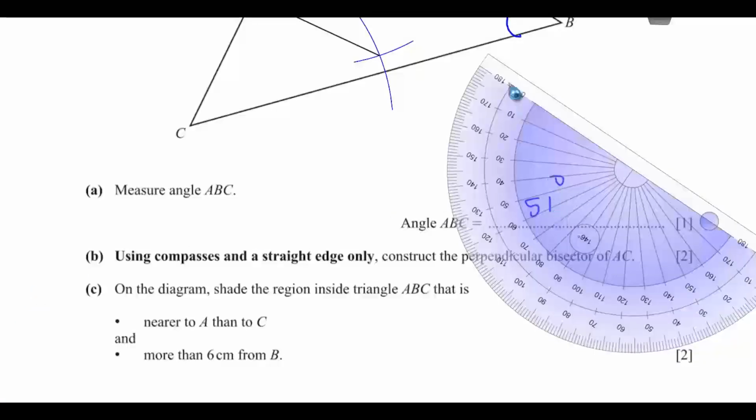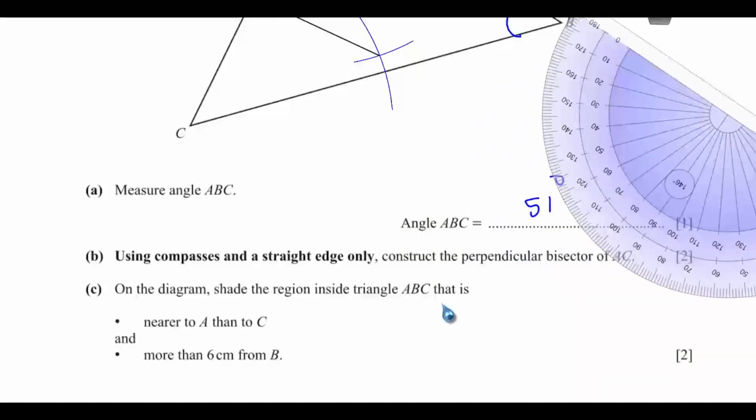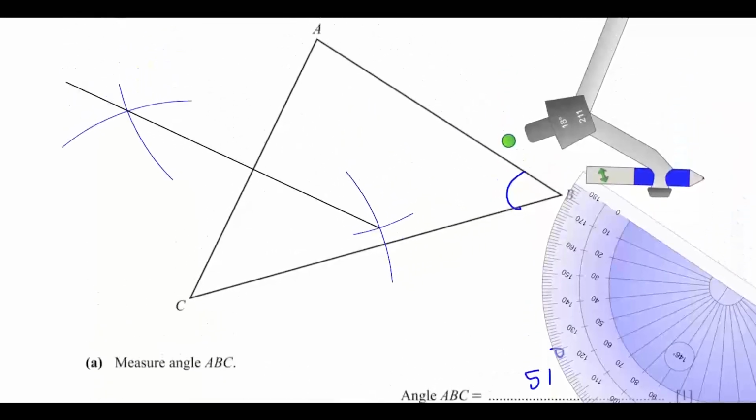On the grid, shade the region inside triangle ABC that is nearer to A than to C and more than 6 centimeters from B. So we need to draw more than 6 centimeters from B. So let's go to point B. We need to draw a circle with radius 6 centimeters.